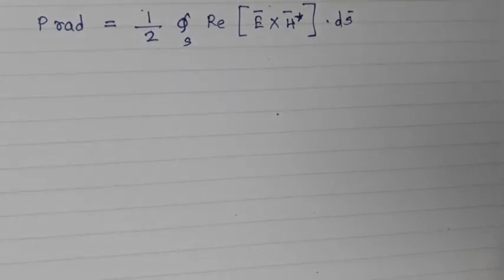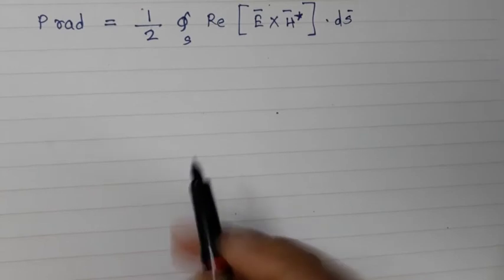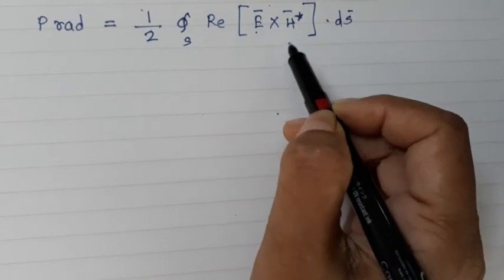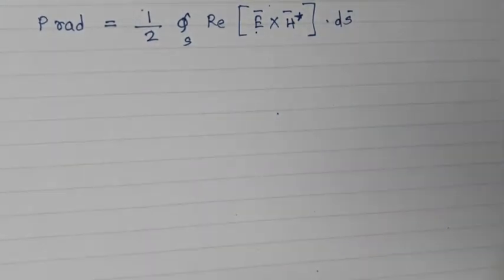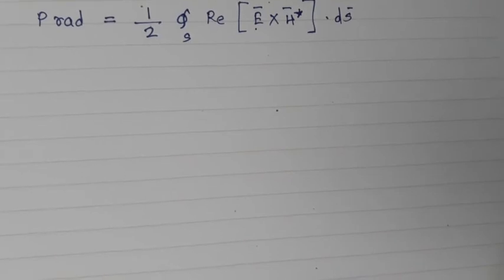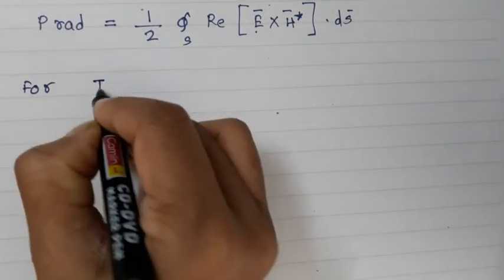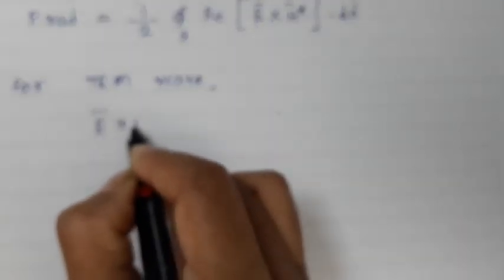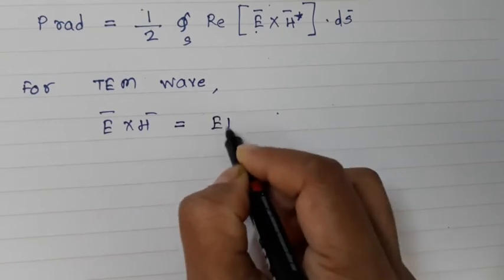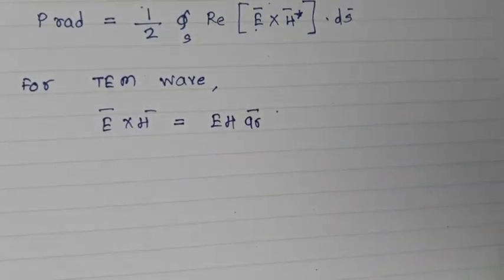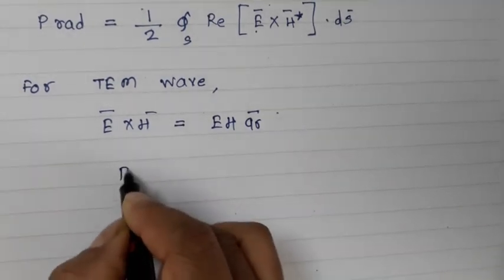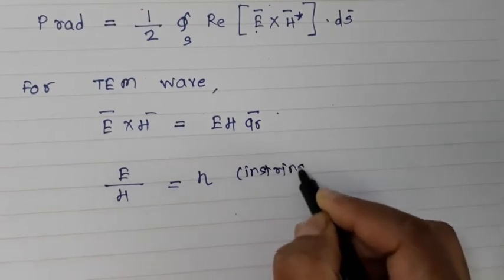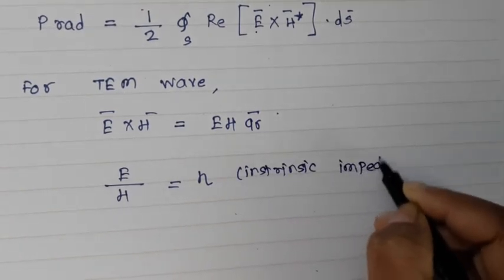Now to find the average power density, we need the knowledge of E and H. This expression can alternately be written only in terms of E or H. For TEM waves, we know that E by H is equal to the intrinsic impedance, which we have already seen in the previous session.